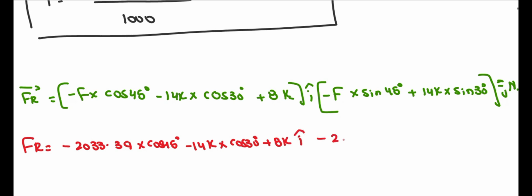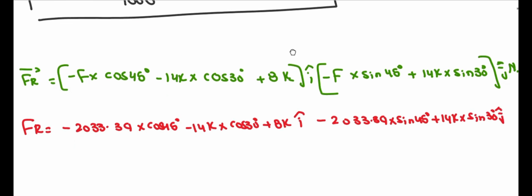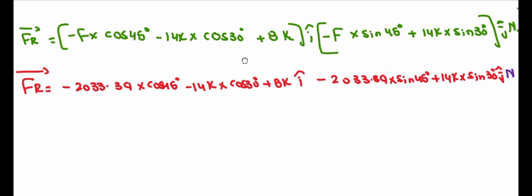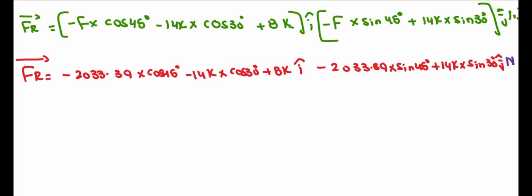And similarly (−2033.39 sin 45° + 14 kilo sin 30°) j cap. And don't forget to write down the unit, and the unit here is nothing but the Newton, and this is the vectorial form of Fr. So solve this with the help of a calculator and you can get the answer.